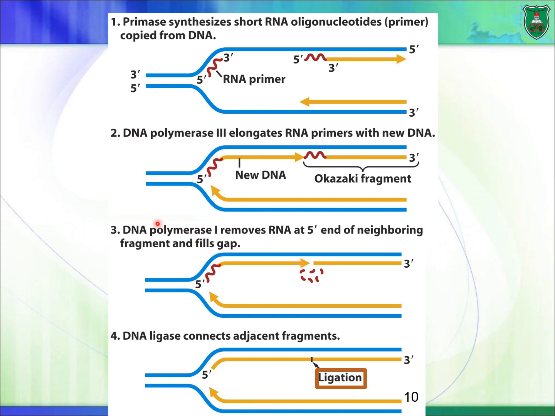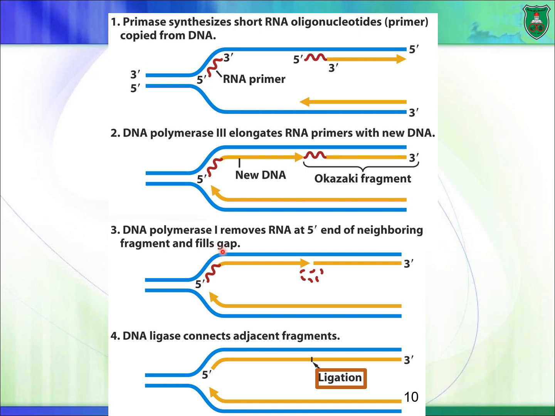So what DNA polymerase 1 has is an exonuclease activity. This exonuclease activity is specific for RNA, because it removes the RNA primer. And then you have the DNA polymerase 1 filling in the gap.